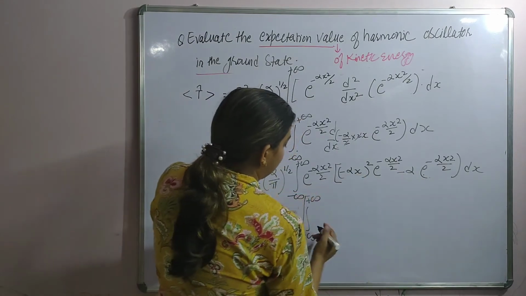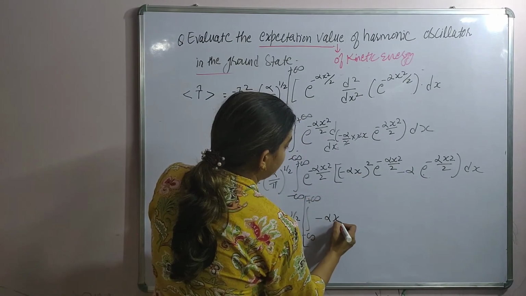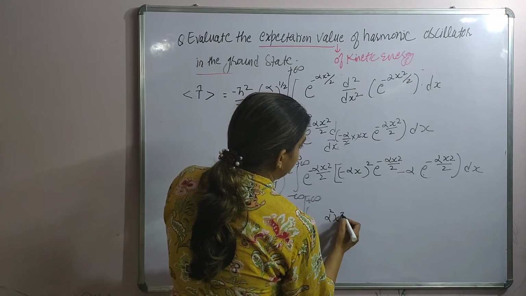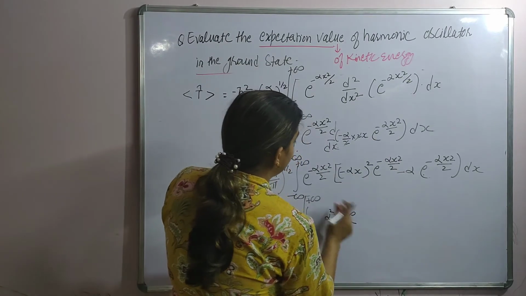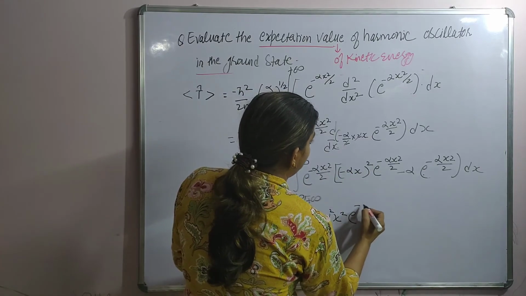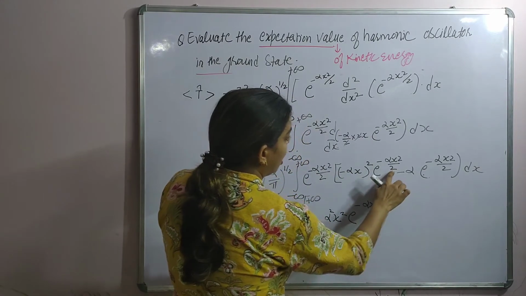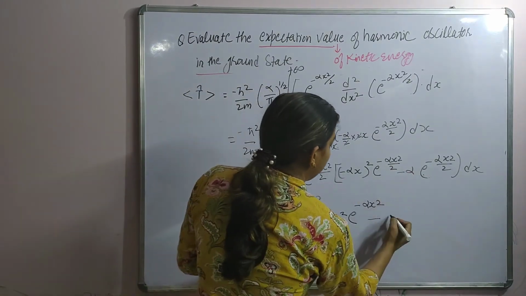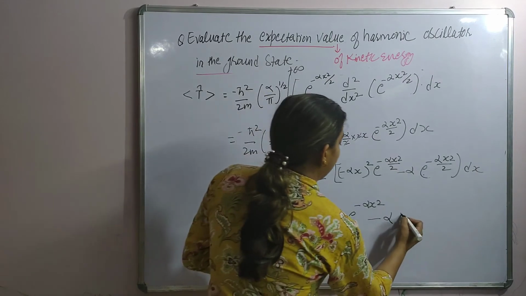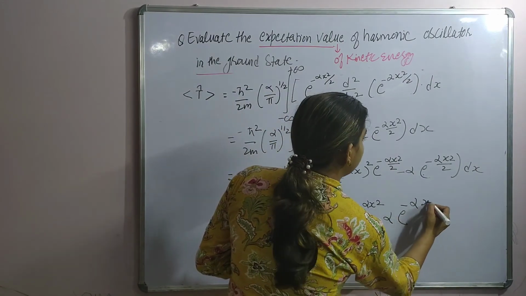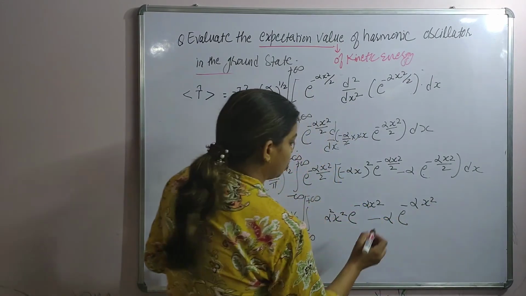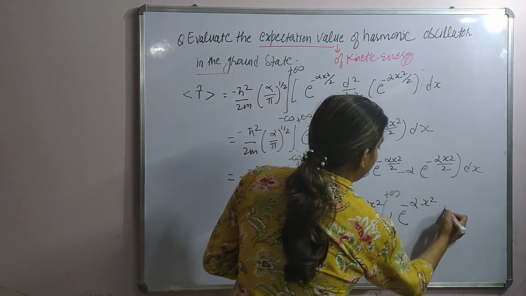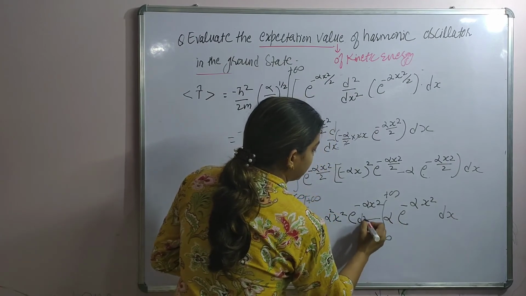This will be alpha square x square e raised to power minus alpha x square, since half and half becomes 1. In the next term this will be minus alpha e raised to power again minus alpha x square. So these are two integrals, minus infinity to plus infinity, dx here and dx here.